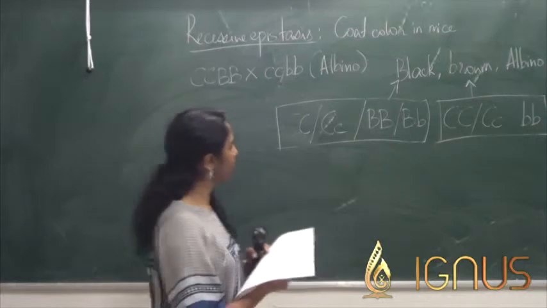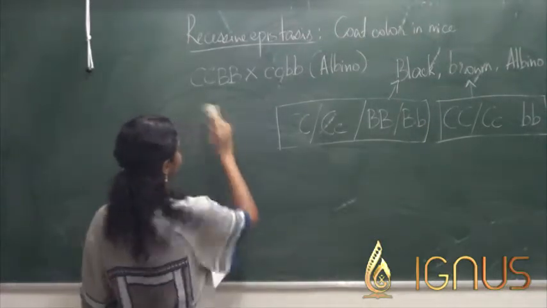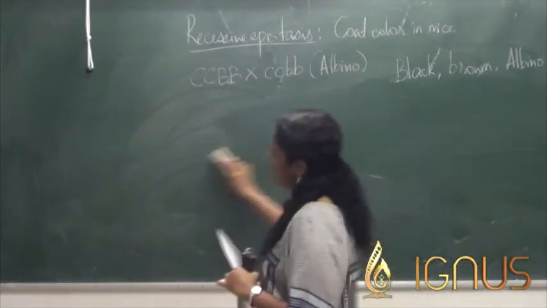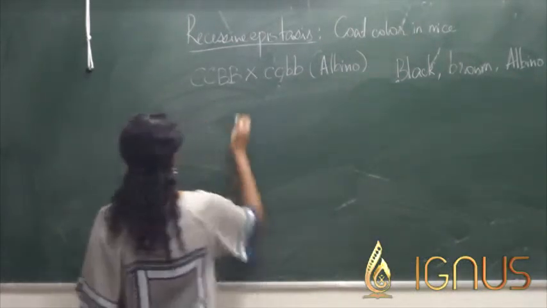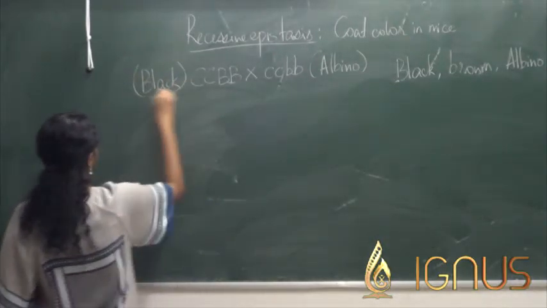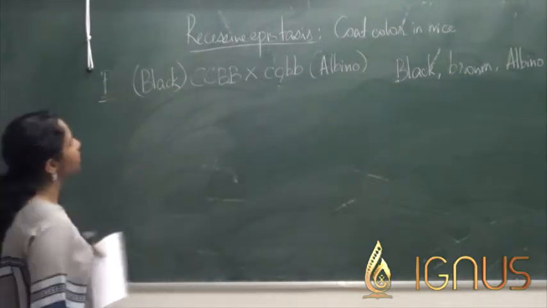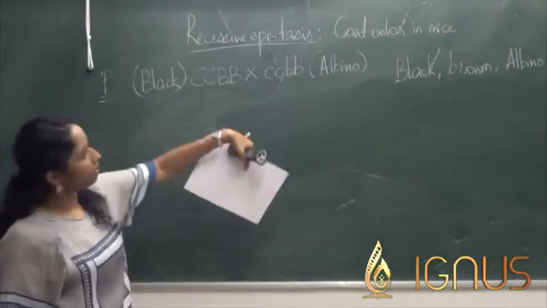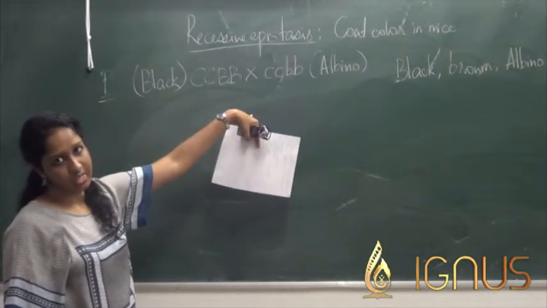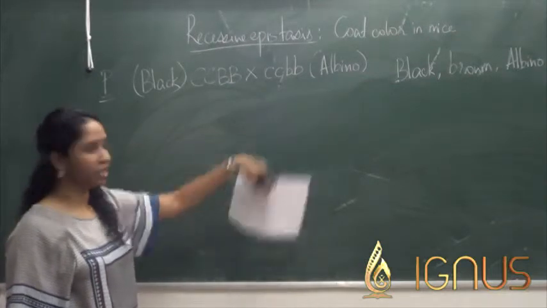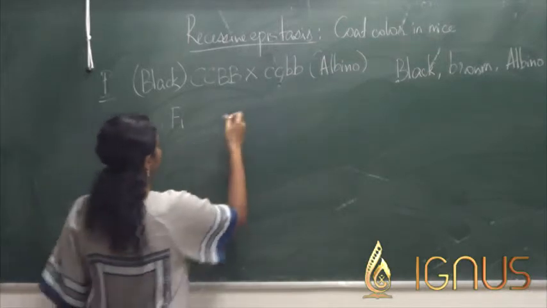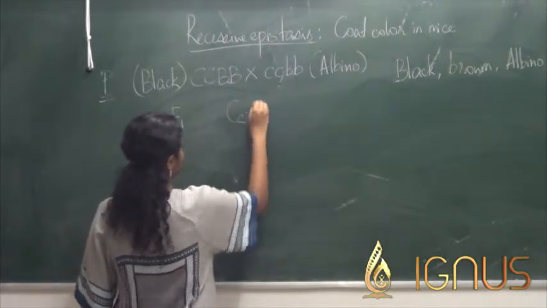Now if you are going with this, the homozygous dominant is of course going to have black color, so this parent is of black coat color. This is the parental generation. And the other one, which is homozygous recessive for the C gene, is going to have albino coat color. Now, the F1 generation from this crossing is going to be heterozygous dominant.